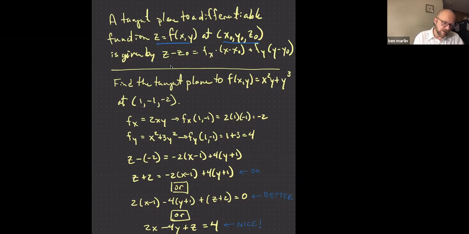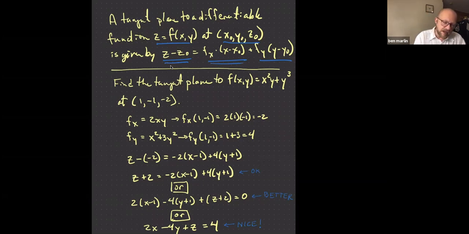But the formula that you've got for it will have a z minus z naught on this side of the equation, and the f sub x times x minus x naught on the right side, along with the f sub y times y minus y naught. Now, look back at your definition of differentiability. Z minus z naught is f of x plus delta x, y plus delta y, minus f of x, y.